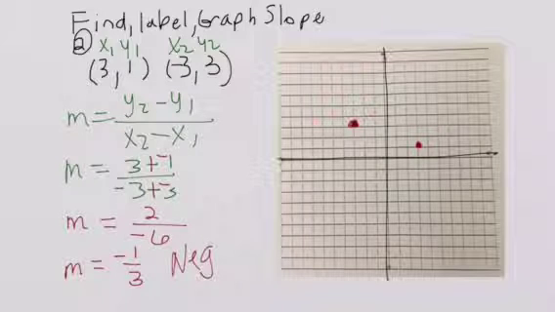So we're going to go down 1 to the right 3, and then we're going to go down 1 to the right 3. Then we're going to go back to our starting point, and we're going to go up 1 to the left 3, and up 1 to the left 3. And there is our negative slope.